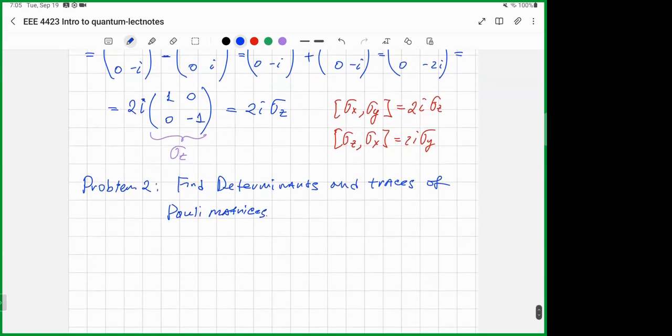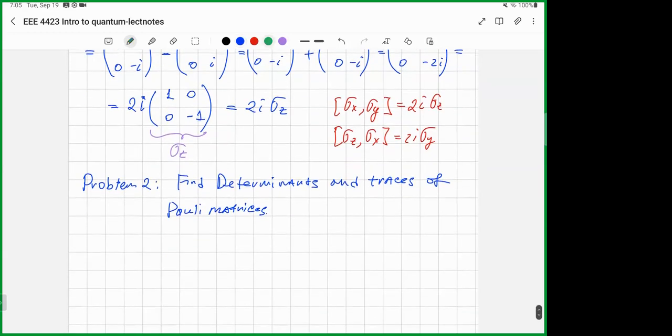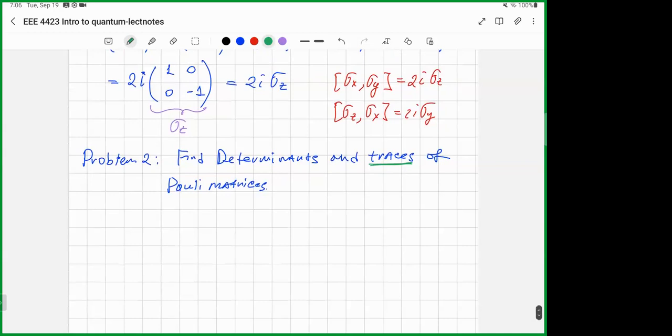This word trace may be a new word to you. It's nothing but just the sum of the diagonal elements in any matrix. So it's a good time to introduce this operation, the trace.